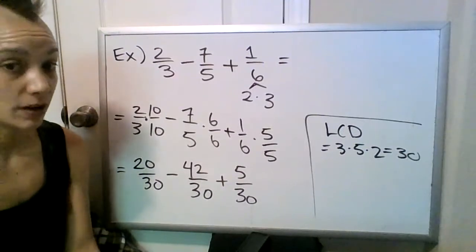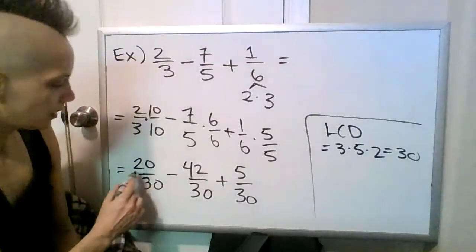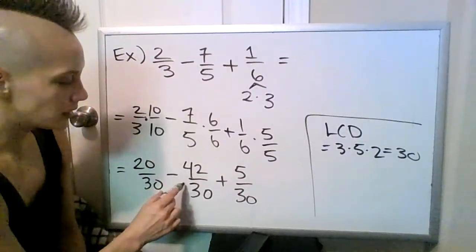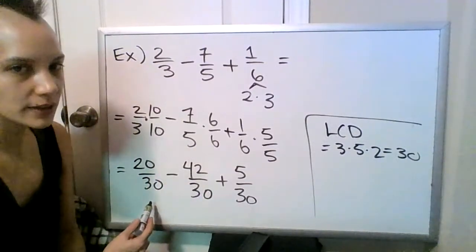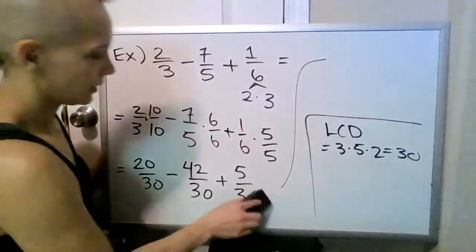And now that we have the common denominator, we can have 20 minus 42 plus 5 over 30.